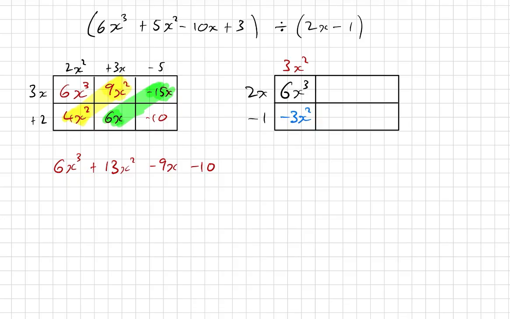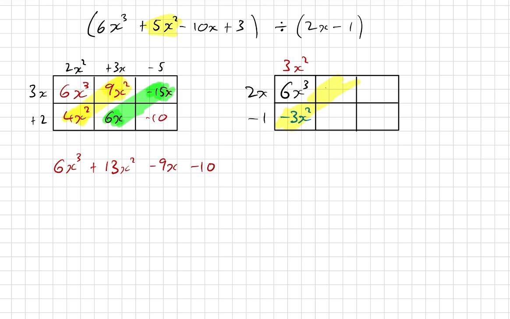Okay, now I'm a little bit stuck because I don't have enough information to get any more. But remember, this 13x squared came from adding those two x squared terms on the diagonal. So if I introduce another box here, these diagonals should add together to give me the x squared term. In this case, our x squared term is 5x squared. So if I have a -3x squared, what do I need to get to plus 5x squared?